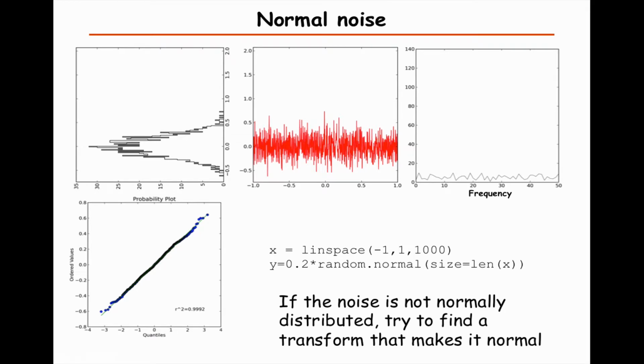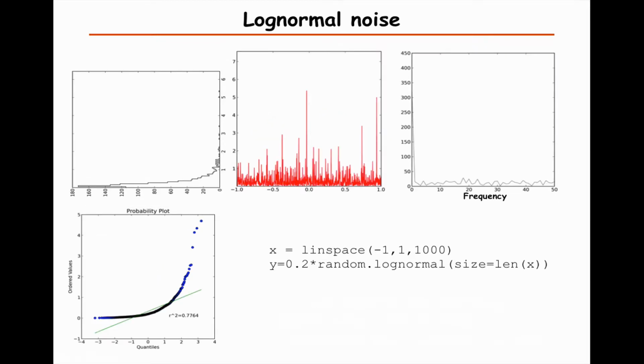We always prefer if our noise is normally distributed, because then we have methods that can handle that much better than otherwise. If it's not, then we should try to transform it, and that's sometimes possible and sometimes very easy. The one thing that you've come across already is the log-normal noise, which is the case for a lot of genomics and proteomics.